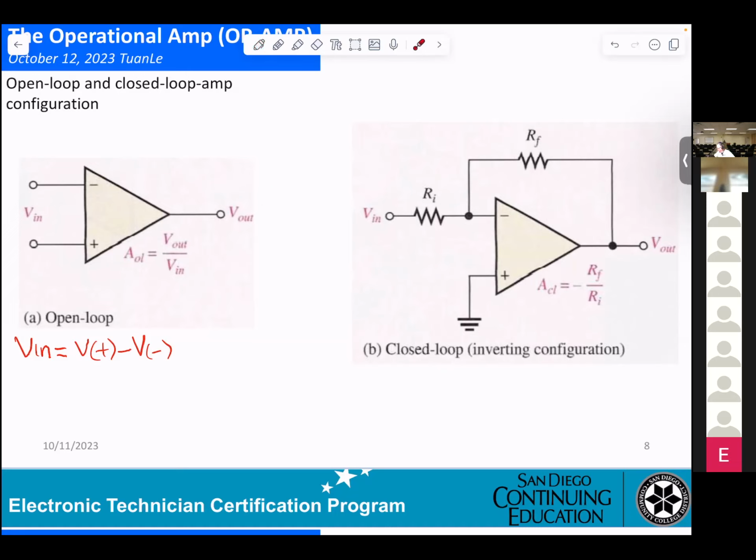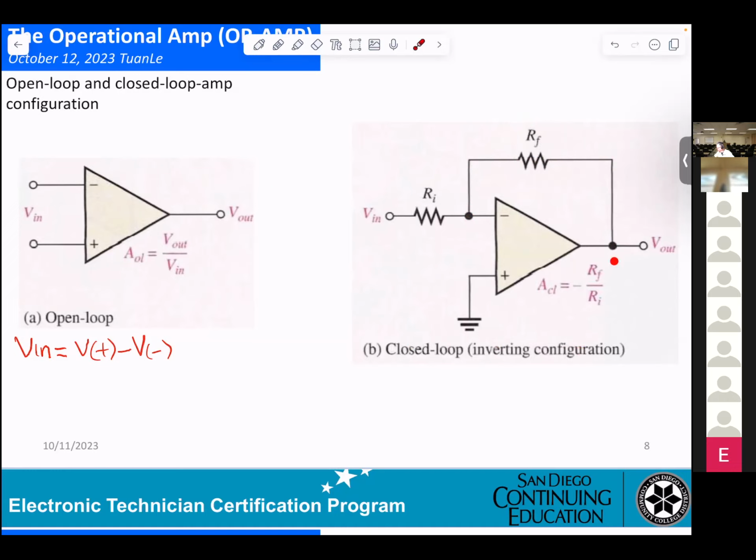Now we deal with one resistor here, connected from output back into input. That's what they call feedback. Feedback means output connected back into the input. Okay? Closed loop, inverting configuration.